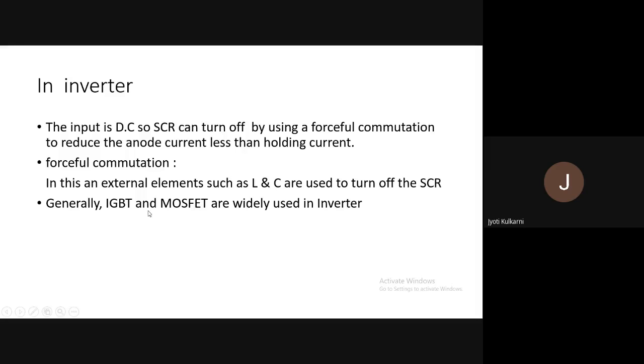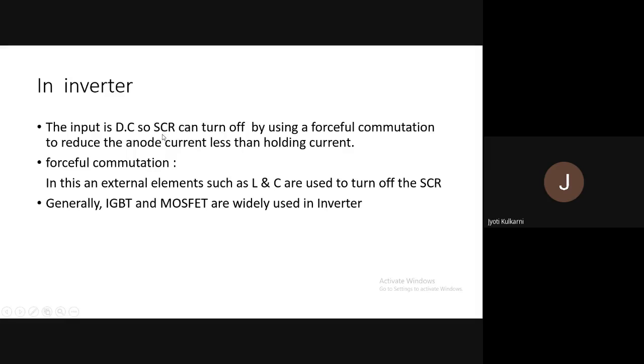If I apply a gate pulse of proper polarity and proper magnitude, I can turn them on. And as soon as I remove the gate pulse from their gate terminal, they will be turned off. With one single terminal, I can turn it on as well as turn it off.